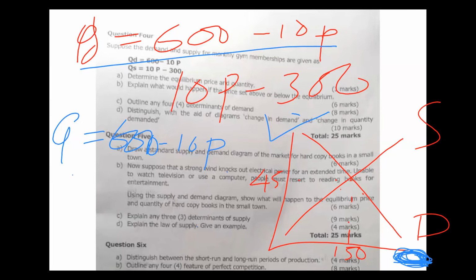For you to find P, you set quantity equal to 0, because you are asking what the maximum price is when the quantity is equal to 0. That is what will give you the maximum price. So you say 0 equals 600 minus 10p, so that 10p equals 600.